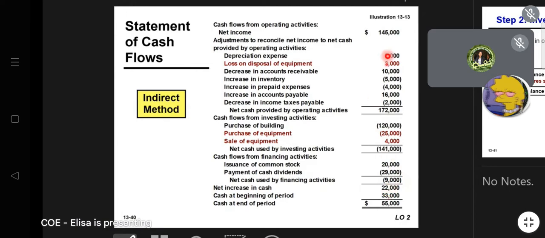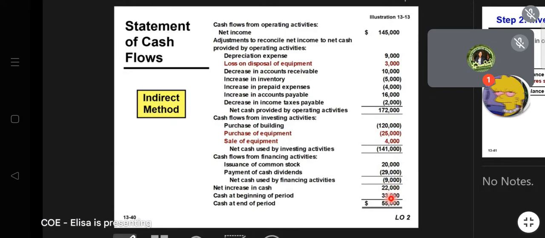So because of this statement, we now have the information on where the cash came from and where it went, what we bought, like the equipment. We generated net cash provided by operating activities of 72, and somehow after everything, we were still able to generate an increase in cash of 22.